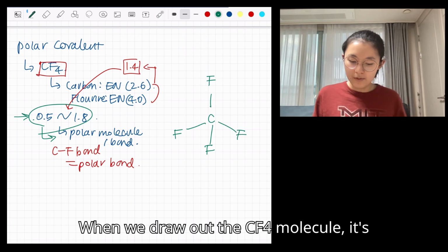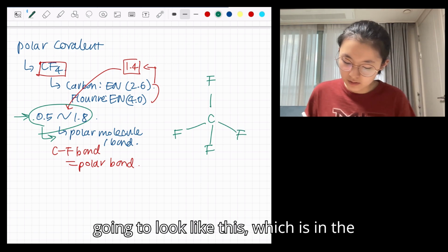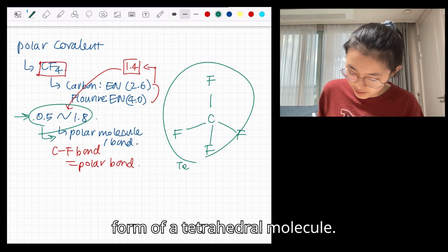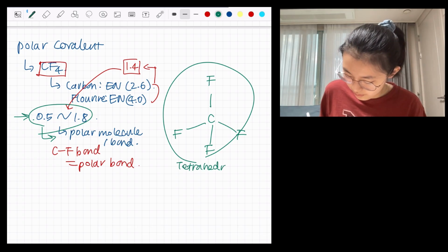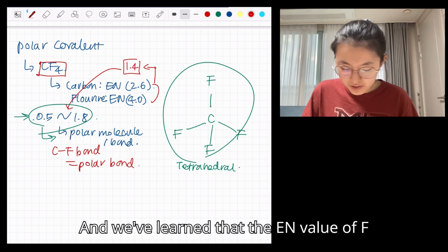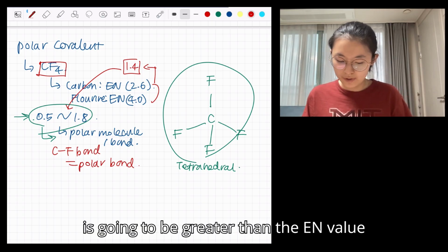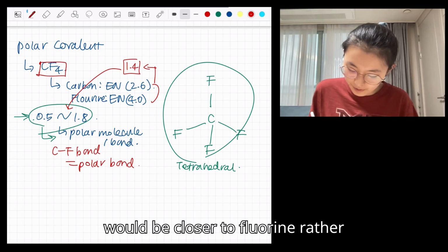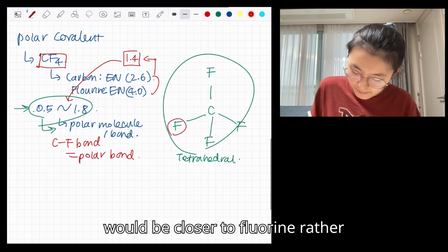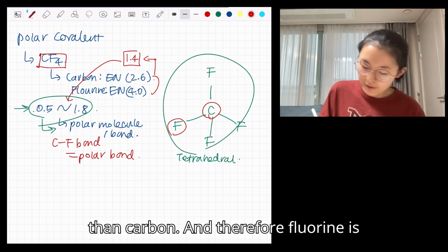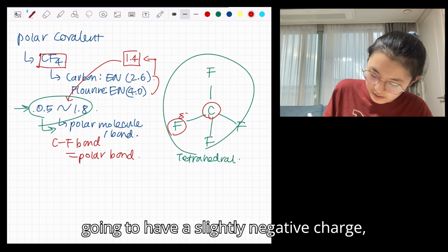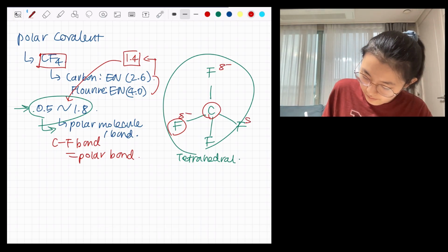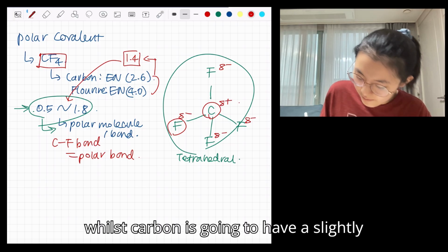When we draw out the CF4 molecule, it looks like this, in the form of a tetrahedral molecule. We've learned that the EN value of F is greater than the EN value of carbon, which means the electrons are closer to fluorine rather than carbon, and therefore fluorine has a slightly negative charge, whilst carbon has a slightly positive charge.